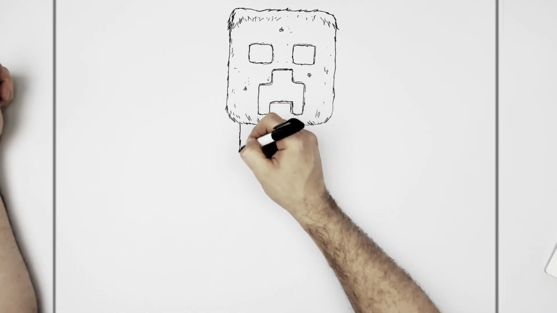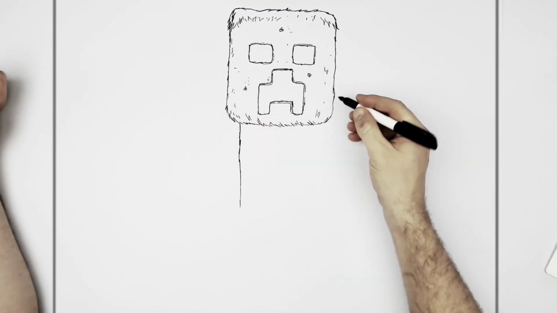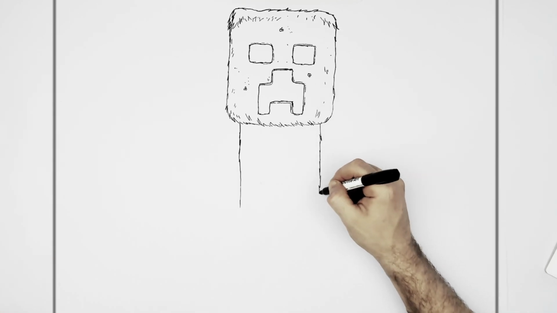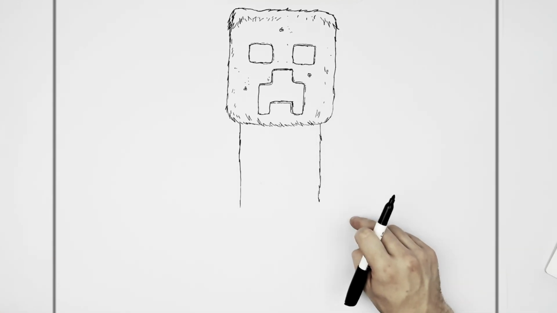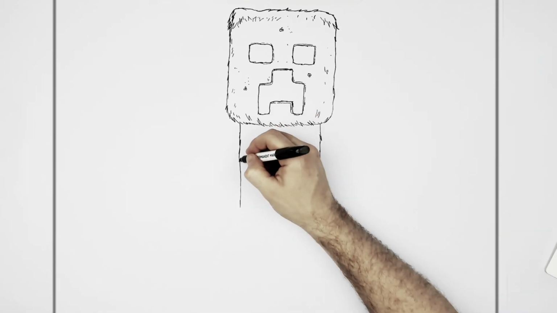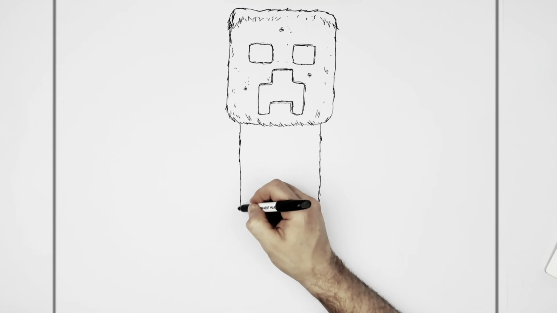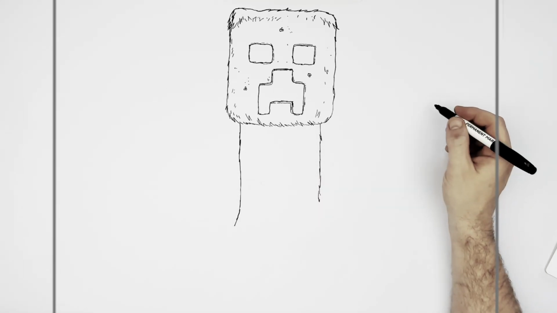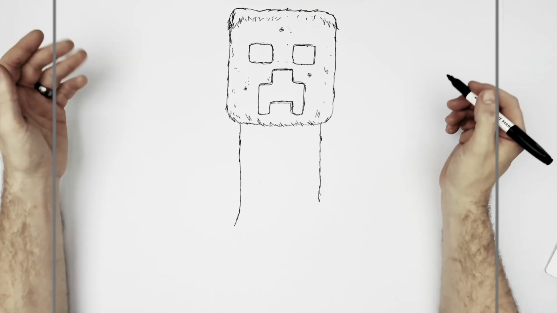So again, a long, sketchy sort of furry body. One of his legs is up and one is down. So say this one is kind of down here. He's got elephant feet.